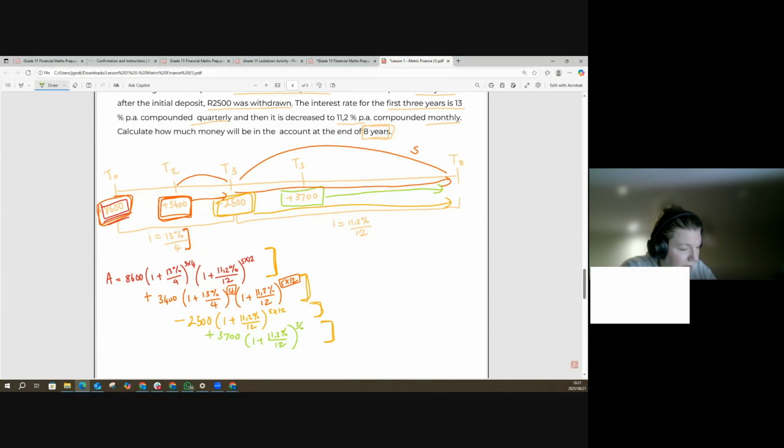Okay. Minus yellow. Plus green. And that gives us a total of, I'm going to write it down.